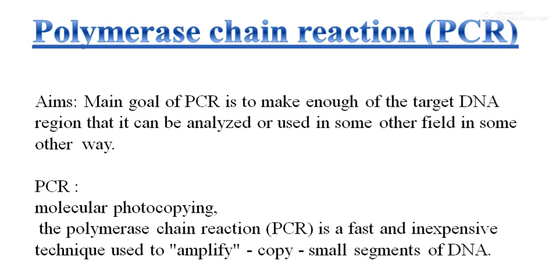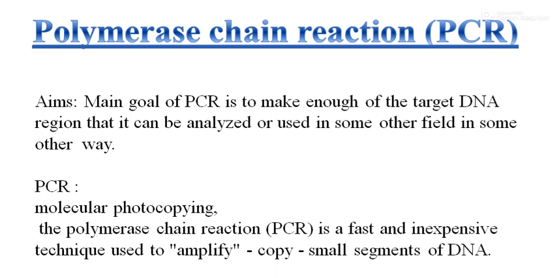So, what is the aim of this polymerase chain reaction, or PCR? The main goal of PCR is to make enough of the target DNA region that it can be analyzed or used in some other way.